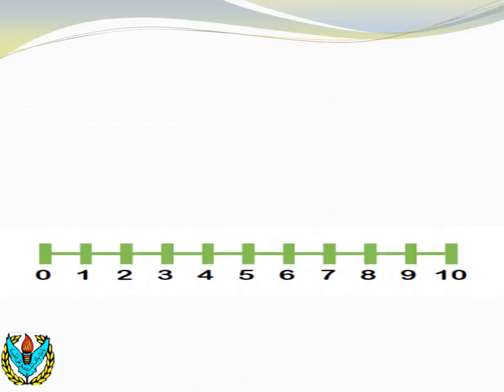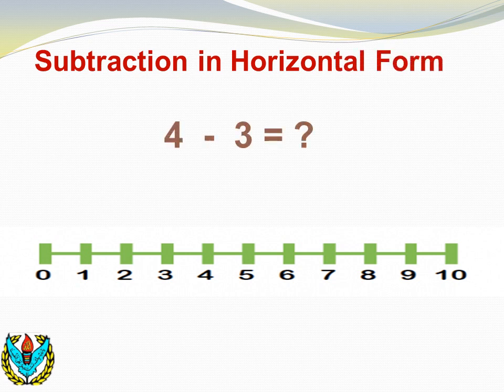Here is a number line on your screen and let's see how to use number line for subtraction. That is, one number from another. Let's try to do a problem using number line. Here we are trying to subtract 3 from 4. How do we do it on a number line? What is the first number?